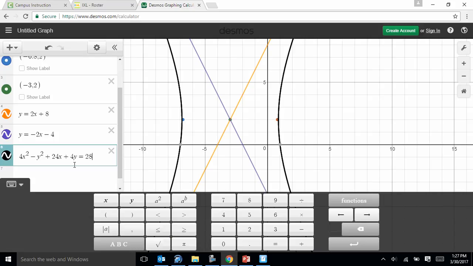And so putting the equation in, it matches our vertices and our asymptotes. And so we know we did it correctly.